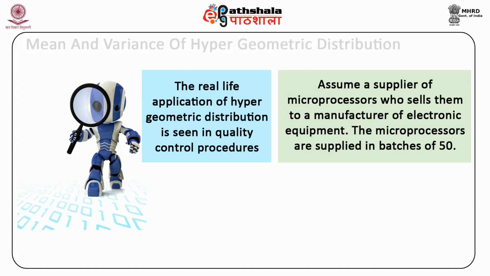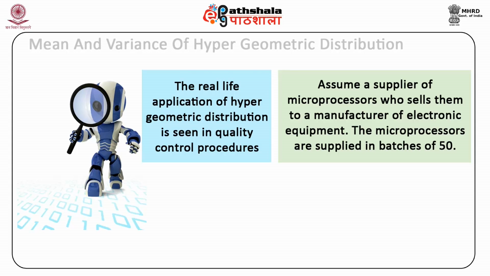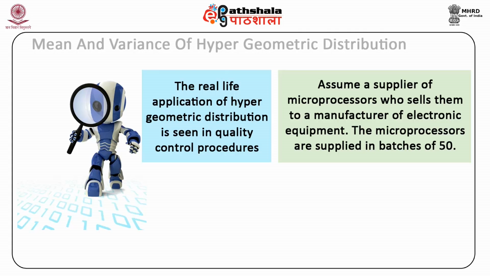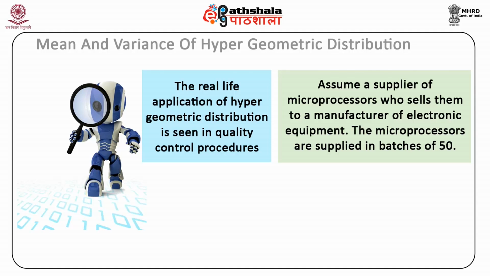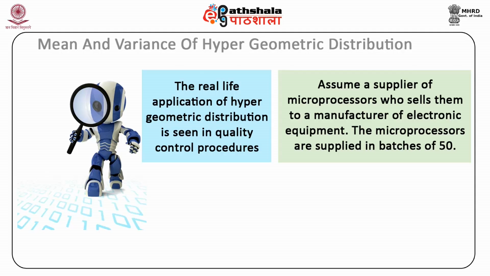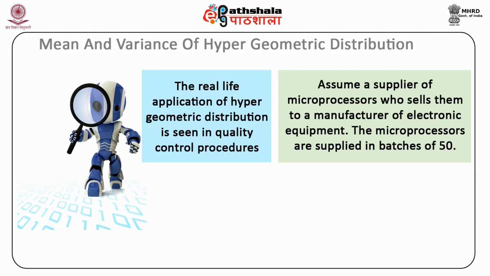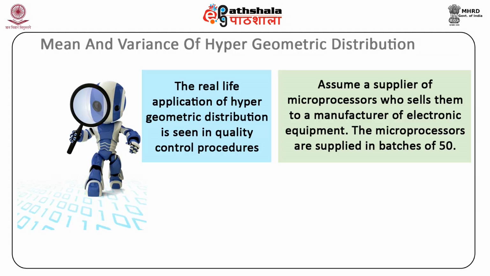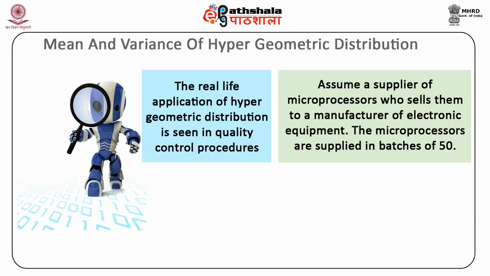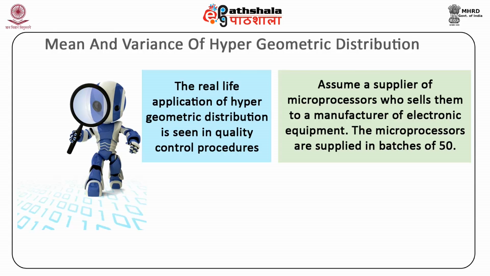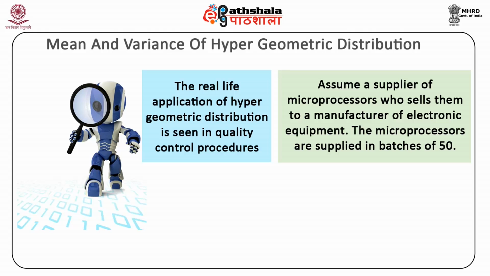Assume a supplier of microprocessors who sells them to a manufacturer of electronic equipment. The microprocessors are supplied in batches of 50. The buyer needs to test the quality of the microprocessors that he buys. Since the total volume bought is large, it is not possible to test each microprocessor in a batch. The buyer considers approving and paying for a batch if it finds that no more than 5 microprocessors in the batch are defective.